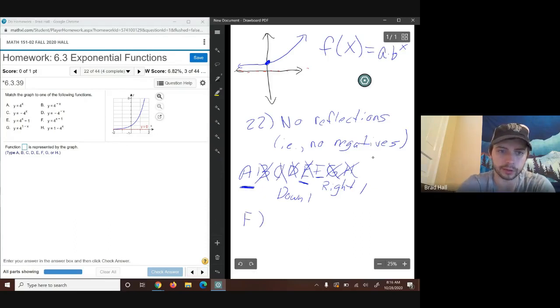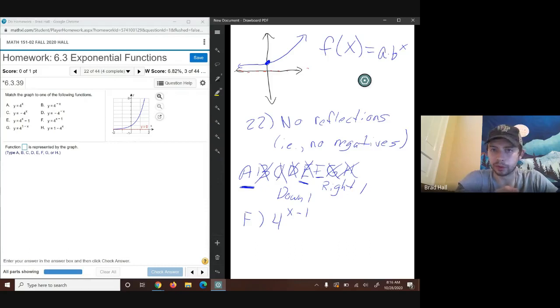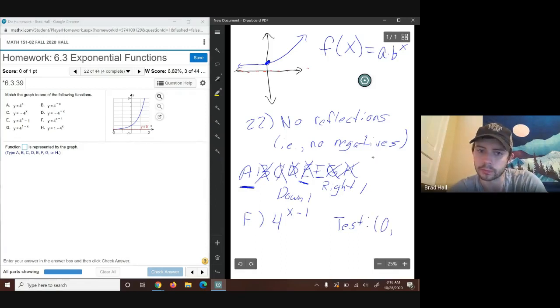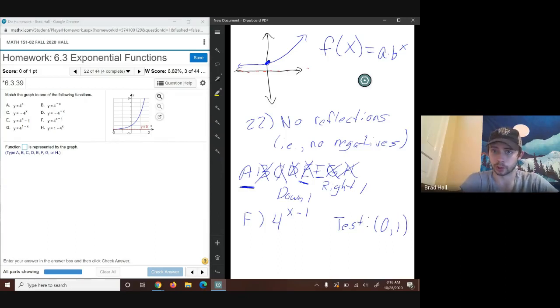What F says is that this is 4 raised to the x minus 1. I'm going to pick a test point from the graph to check. One of the test points from the graph says if you plug in 0 for x, you get 1 for y. We can plug this in and determine very quickly.